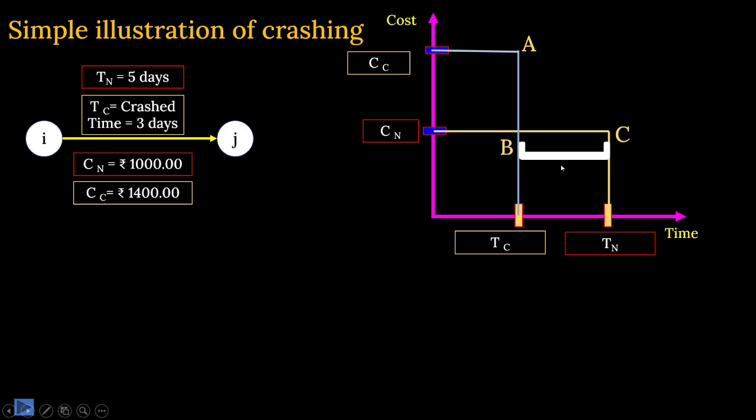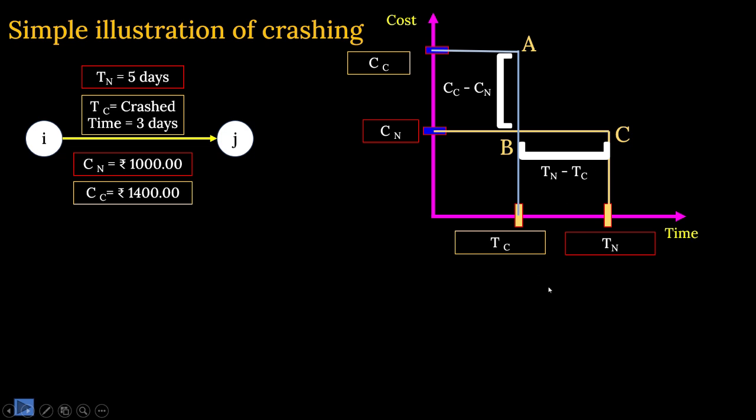So this is basically the value of BC. That is Tn minus Tc. That is the difference. Okay. Now in this case, AB is what? AB is the difference between the crash cost minus the normal cost. Crash cost minus normal cost, this is the difference. So these are two differences we are getting.